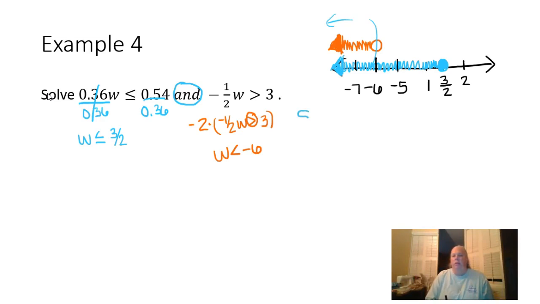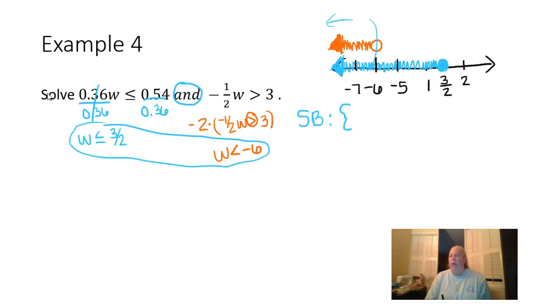All right, so for the set builder notation, this one's going to look a little bit different, because before we said, look, conveniently, the rule is located right here. Well, when we look at the graph up here, we can tell where it's been shaded twice, and that's what our rule is going to be. We want the set of W such that the double graph starts right here at -6, and it's everything to the left of -6.